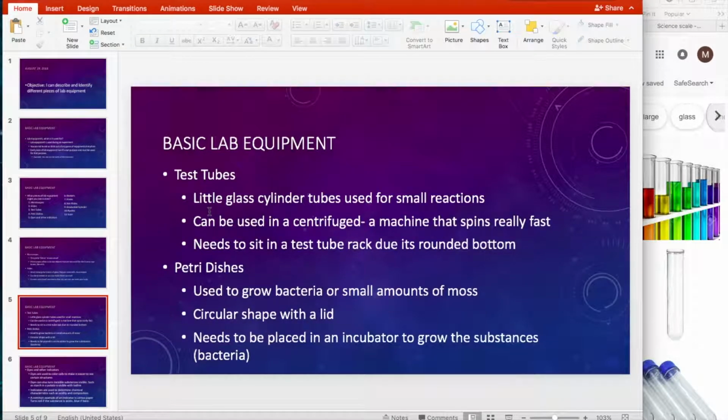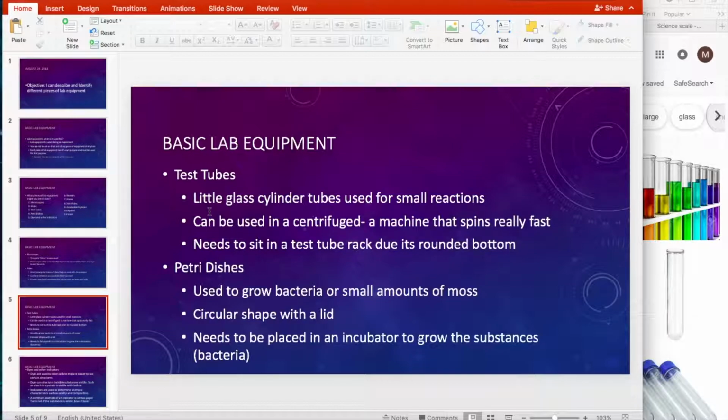Test tubes. Test tubes are these little glass cylinder tubes used for small reactions. They can be used in a centrifuge, which is a machine that spins really fast, and it needs to sit in a test tube rack due to its rounded bottom.